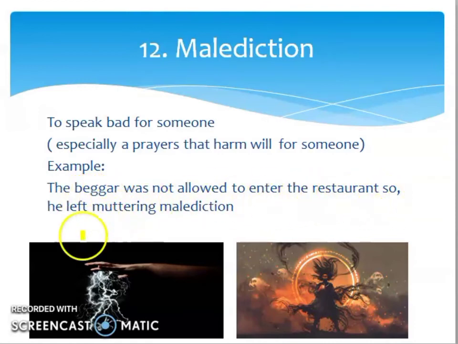As a result, he moved back muttering, okay, malediction. Malediction means speaking evil or bad about someone. Often this bad speaking could be in the form of prayers or bad wishes, right?